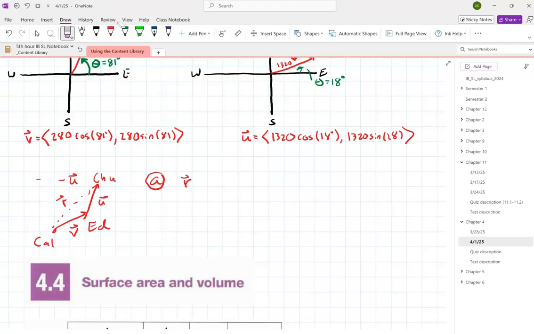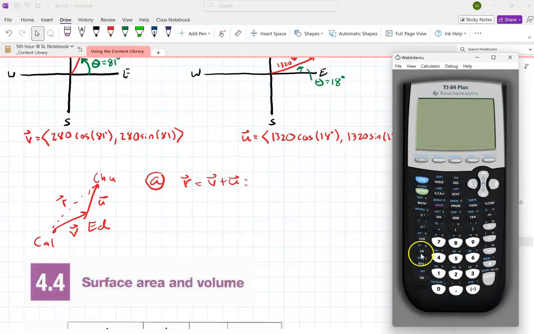So I'll compute r to start. So that's my x component. And that's my y component.